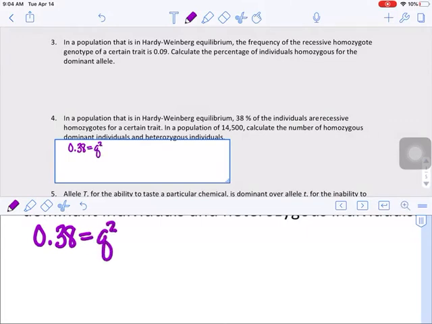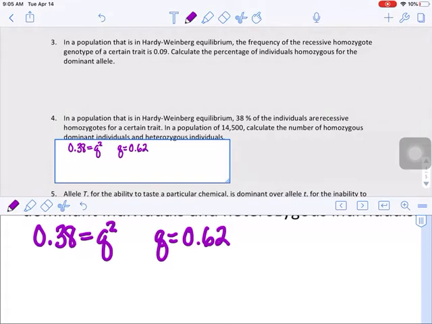Your q squared is how many show the homozygous recessive trait. From there, I can figure out q, because q would be the square root of that. If you put that in your calculator, you would see that q, the square root of 0.38, is 0.62.